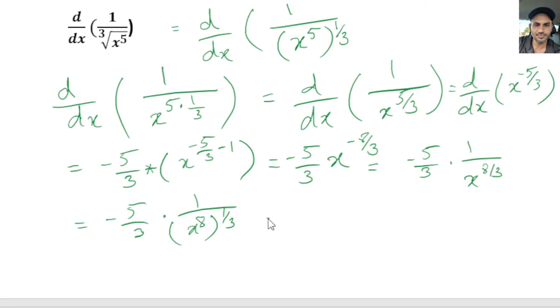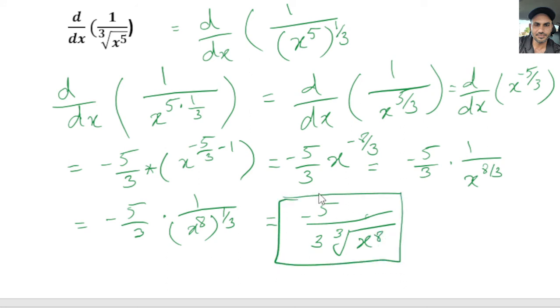So in the next step, you can write it as negative 5 over 3, and you can put a cube root and x to the 8. So this would be the final solution for this problem when we take the derivative of this function right here. All right, that would be it. That would be the end of this video.